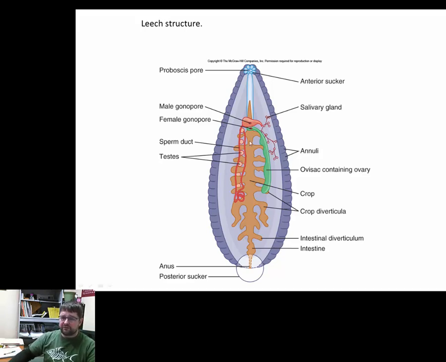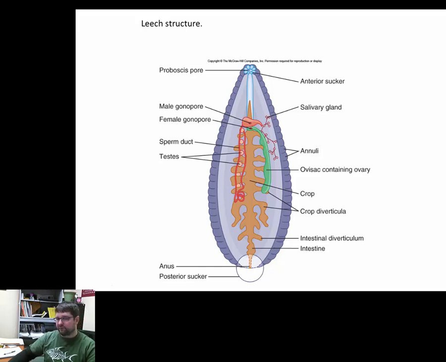Same kind of setup as you see in oligochaetes with male and female parts. They're monoecious. The one thing that is a little bit different is that in Hirudinea, the clitellum only shows up during reproductive periods. So if you pick up a leech, if it's reproductively active, and so it's actually going through reproduction, and it's maturing sperm and maturing eggs, etc., then you'll see the clitellum region.